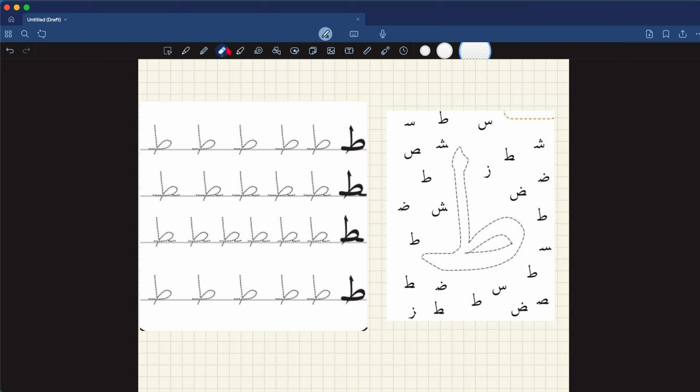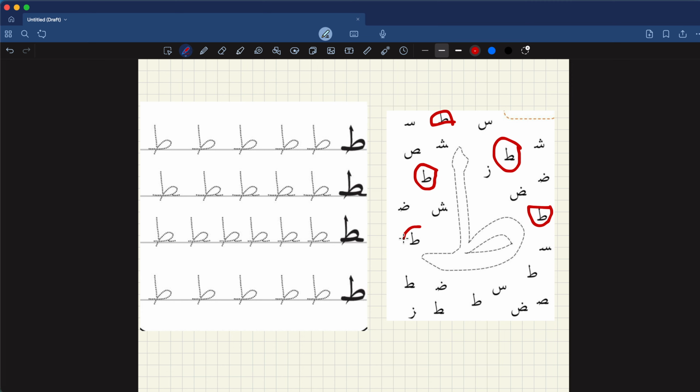Here I will try to find the letter Ta and circle it. This is the letter Ta in the beginning of a word. This is the letter Ta in the middle of a word. Here Ta in the beginning of a word.